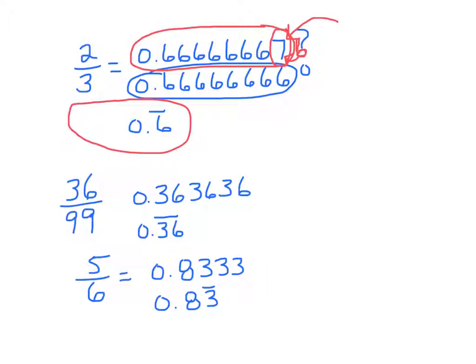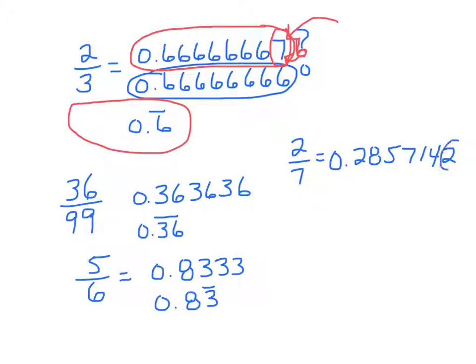There are even some that are very long. For instance, punch 2/7 into your calculator for a moment. If you punch 2/7 into your calculator, it's going to give you 0.285714, 2, or perhaps it's a 3.